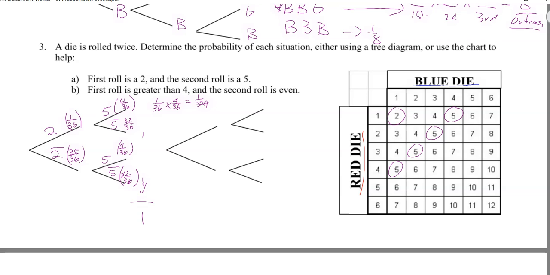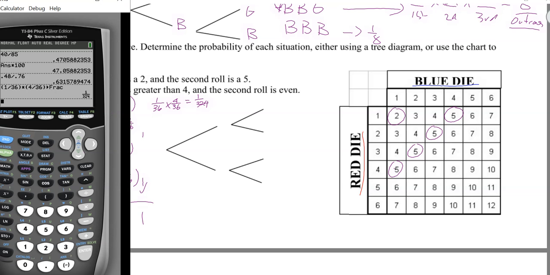So are they all going to come out to 324? Probably not. So let's just do them all. So we got 1 out of 36 times 32 out of 36. I'm just going to go back up here, grab that, change the 4 out of 36 to 32, and insert my 2.